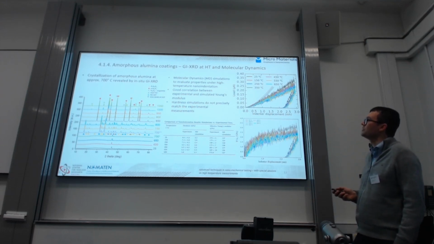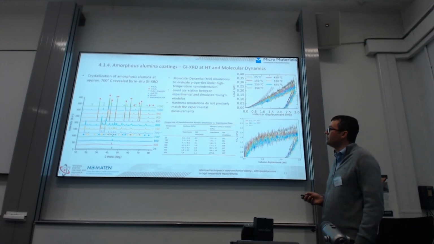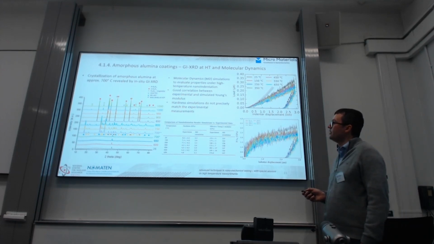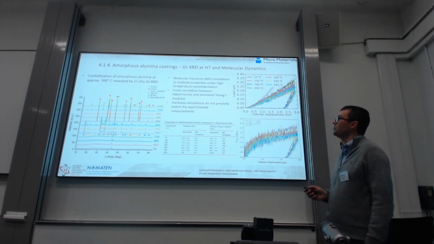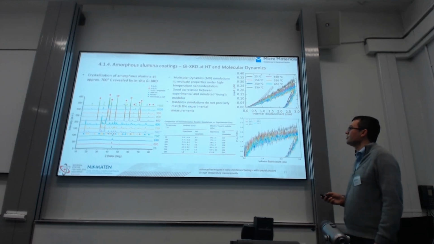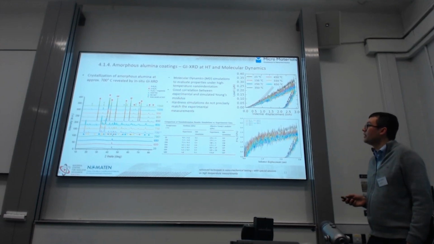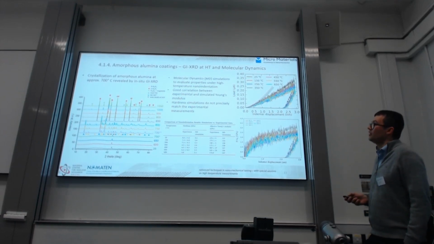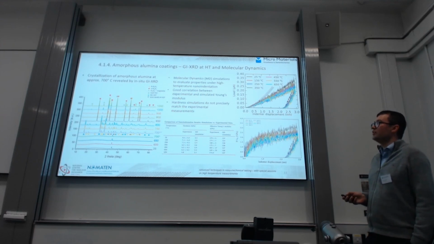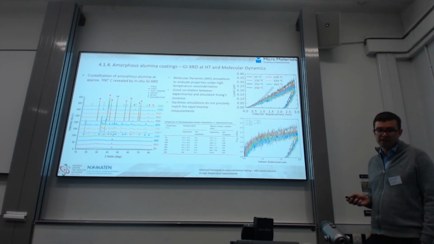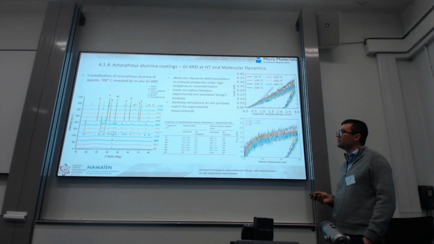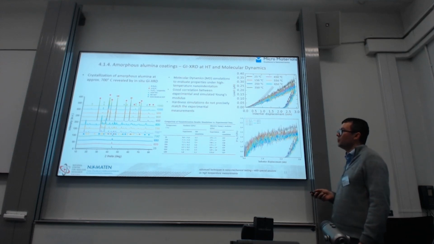There are only peaks of the substrate, but at higher temperature we see crystallization of the alumina, which is limiting the application of these thin films in the proposed nuclear reactors.